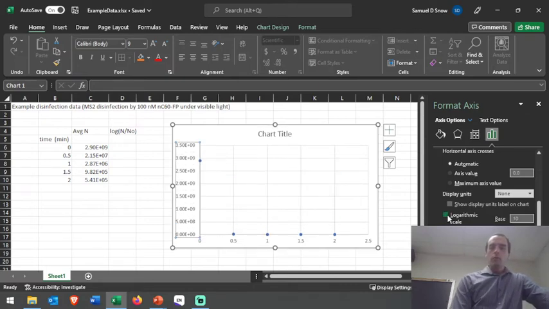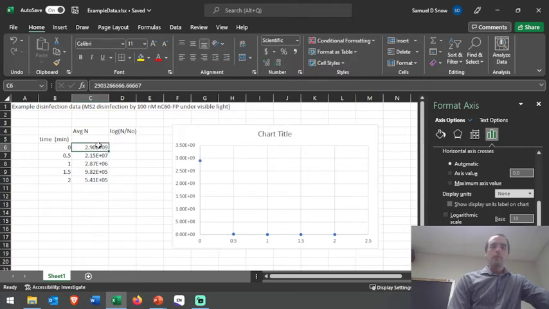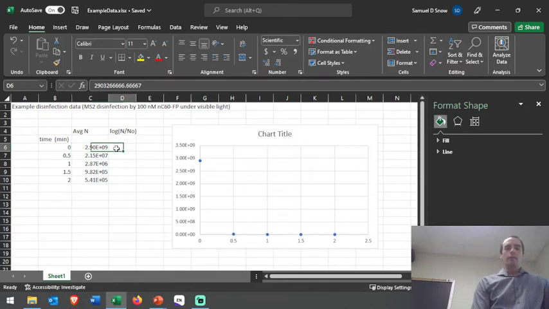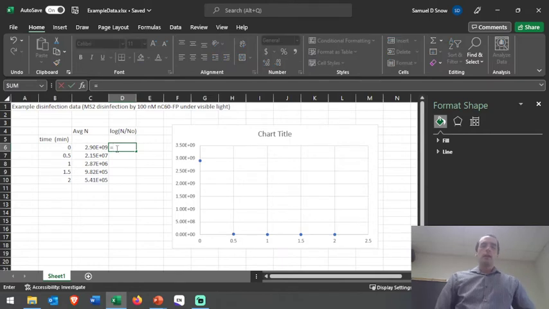So what we want to do to truly transform the data is, because this is the raw value, we did a couple experiments and this was the average of the two and of the different plates we took. So here's our data point, and typically we would do natural log if we want the k specifically.